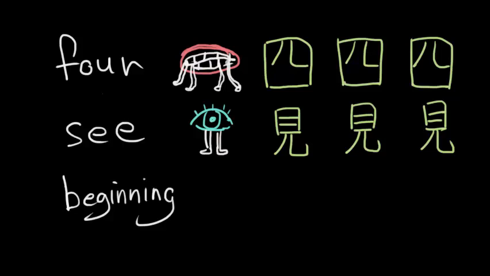Okay, and then lastly, we're going to do our image for beginning. So let's say in the beginning of the human race, there was a pair of man legs and a pair of woman legs. And you can see that my woman legs and man legs look about the same.